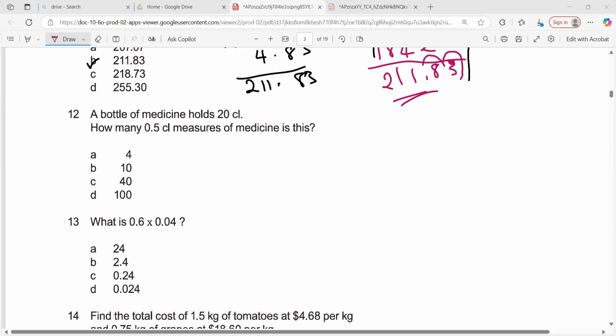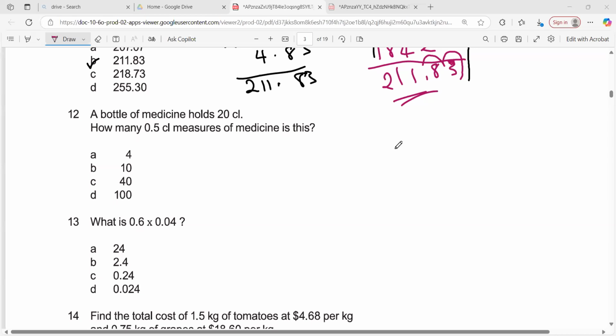So, sir, for question 12, it said a bottle of medicine holds 20 centiliters. How many 0.5 centiliter measures of medicine is this? So, sir, I got C, 40 for my answer.